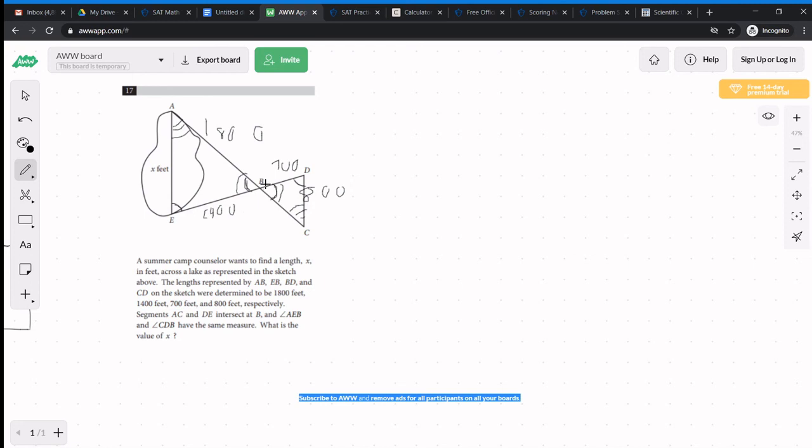Now, this angle is the same as that one, so we have to imagine in our head that it's flipped over, to imagine that it looks like this, for us to be able to visualize it properly. And so this 700 and this 1,400 are going to be a pair of similar sides that we want to examine.